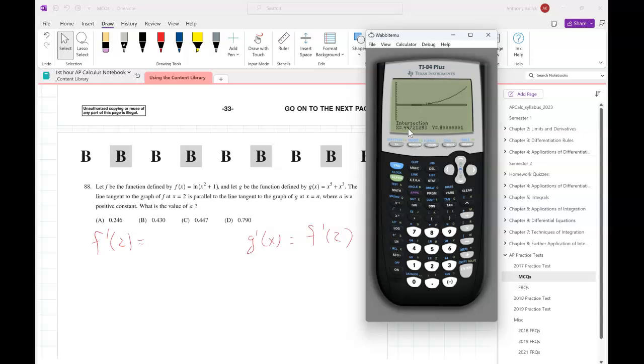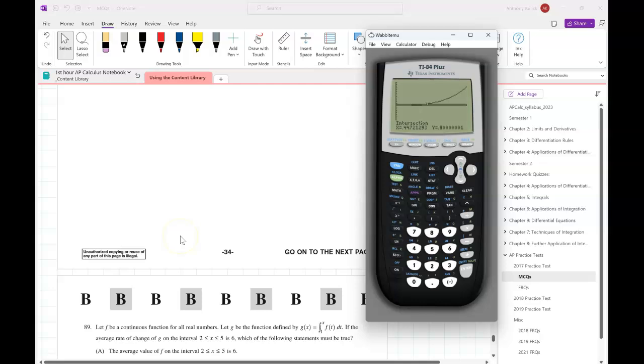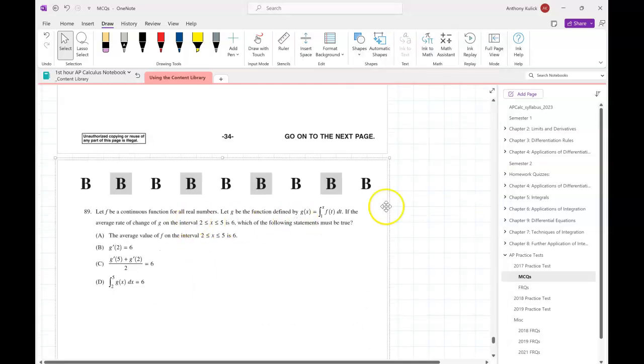On a situation like this, where you have about 3 minutes a question, if I can get it in my calculator and boom, done, I save myself a bunch of time, which buys me some time if I have to figure something out and muddle around a little bit. The last one we'll do is 89.